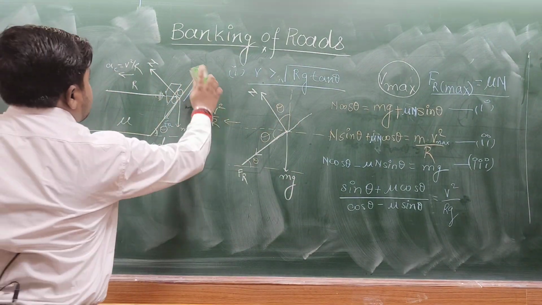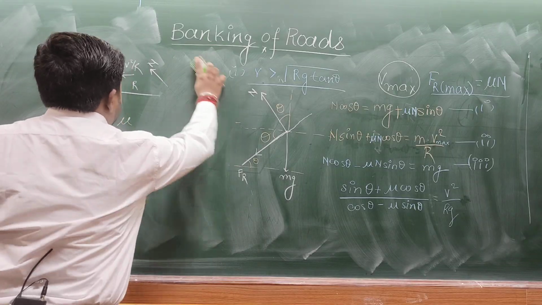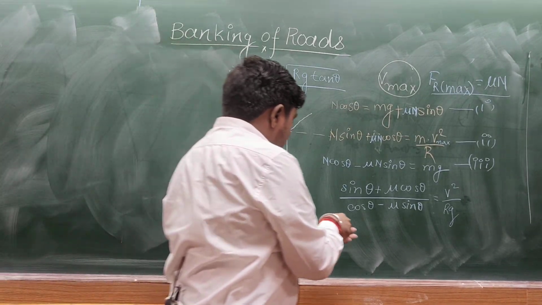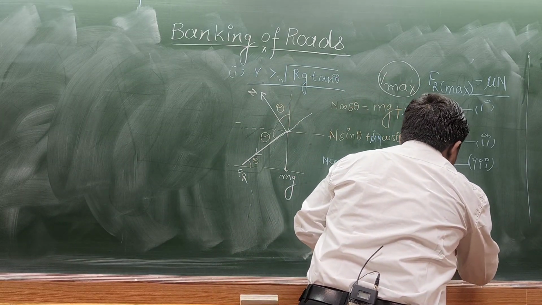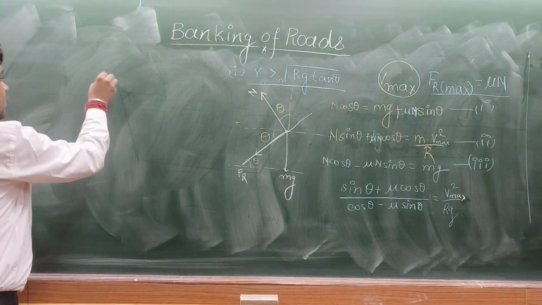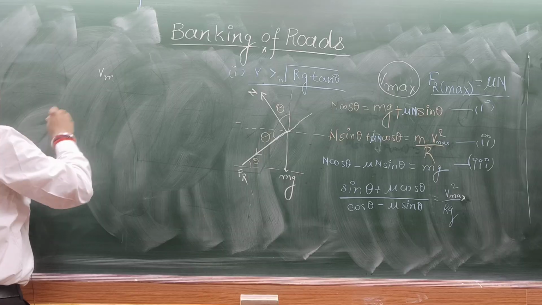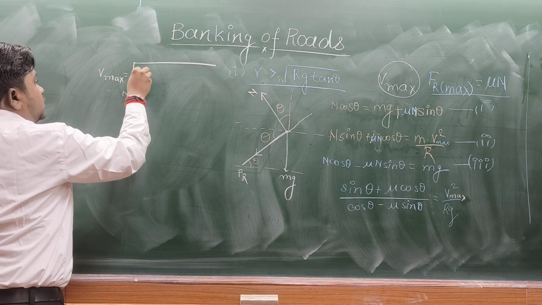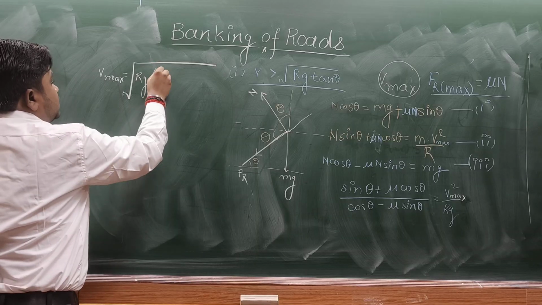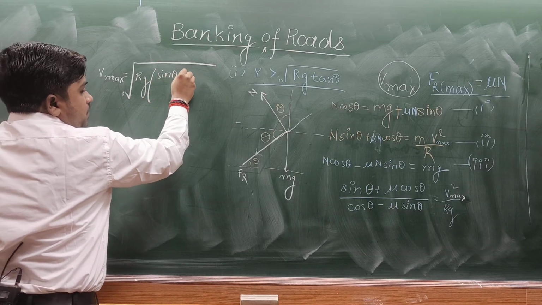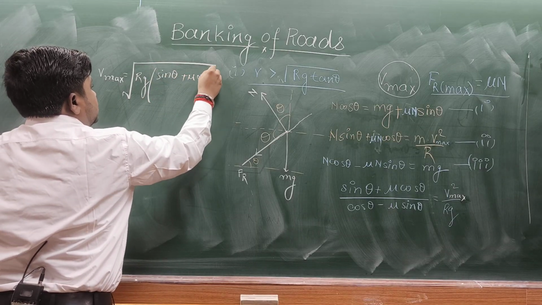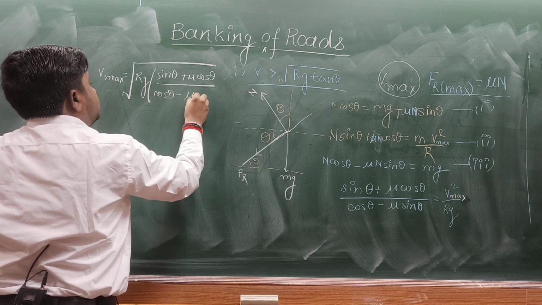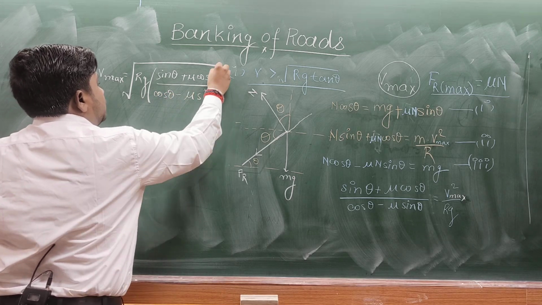Now I will erase this part because this is over actually. So we will calculate the final v max. This is the v max. So from here, v max can be written as under root of rg, that is sin theta plus mu cos theta divided by cos theta minus mu sin theta.